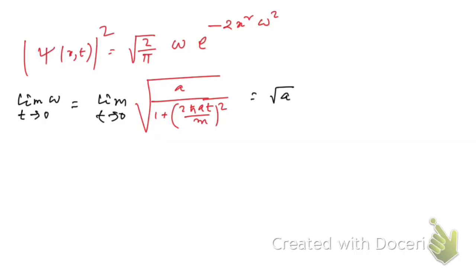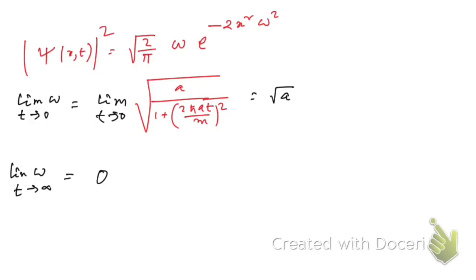And if you find limit w as t tends to infinity, then the denominator will be infinity, so this quantity will be 0. Anything divided by infinity is 0, right? So here we're gonna have 0.